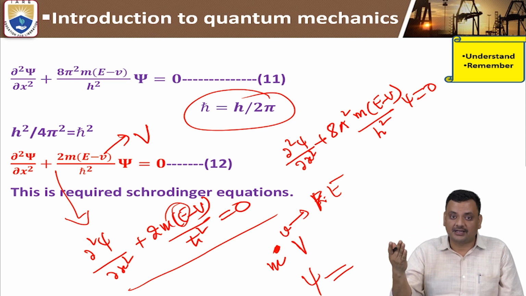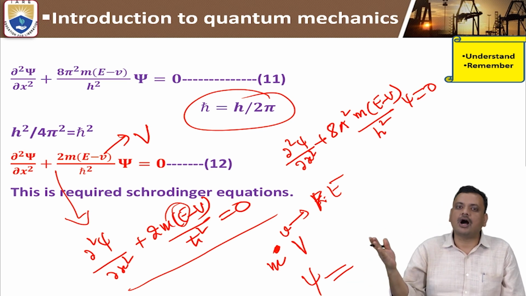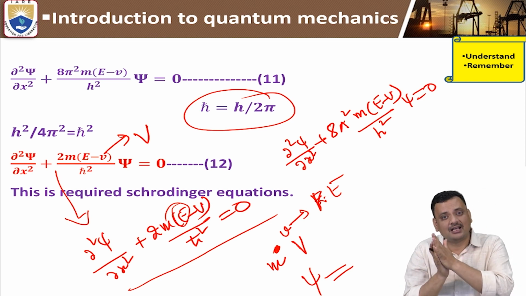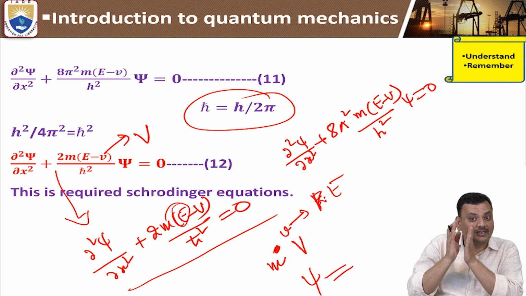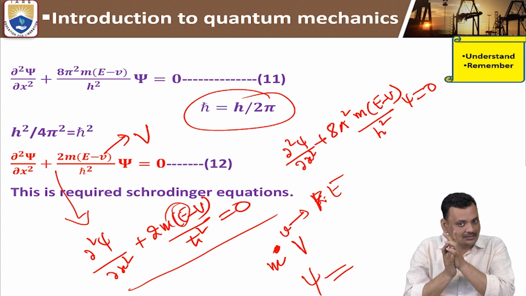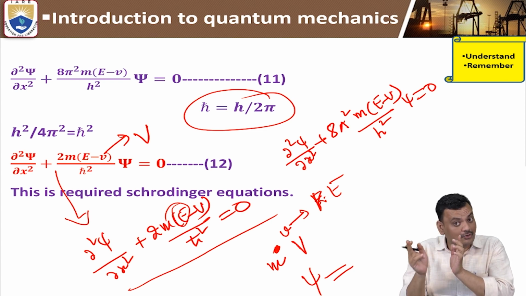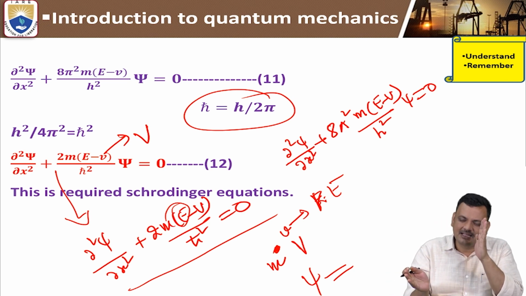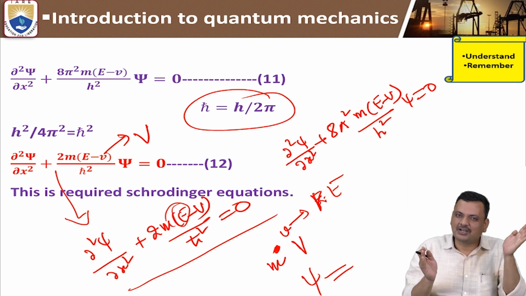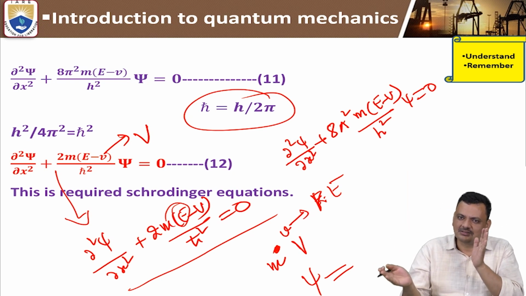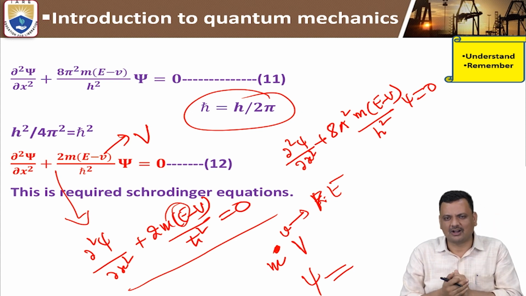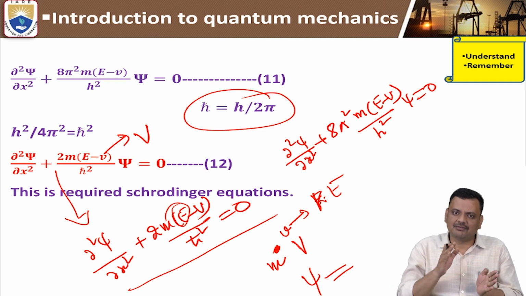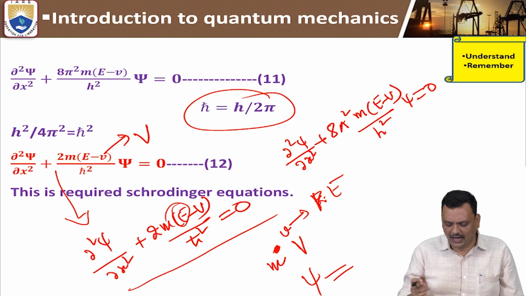There are certain operators, and when you operate the wave function on that operator, it will give the required value. Suppose you want the potential energy of that moving particle, and you know its wave function after solving the Schrodinger equation, then simply apply that wave function on the potential operator. If you want the Hamiltonian, simply apply that wave function on the Hamiltonian operator. There are several operators in quantum mechanics, and applying the wave function on that operator will give your required results.